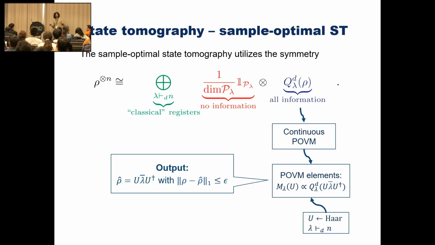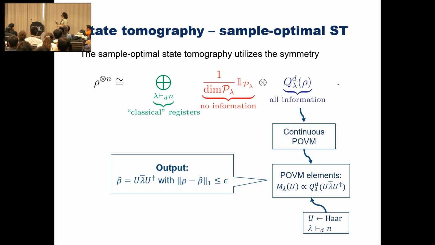Right, the first step in most state tomography algorithms is to employ the symmetry that you have in the input states. As before, the first thing you want to do is apply the Schur transform, and this decomposes the state rho tensor n into this isotypic decomposition. The next step in the known sample optimal algorithms is to then perform a continuous POVM on the unitary register part of your entire input state.